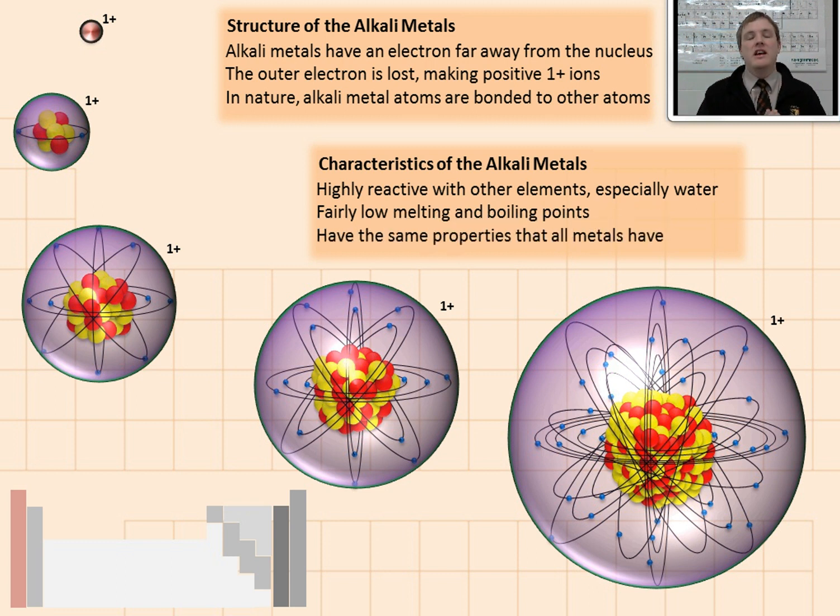And then finally, the alkali metals have the same properties that all metals have. They conduct electricity, they conduct heat, they can easily be pounded into flat sheets or drawn into thin wires. For elements on the periodic table, however, the alkali metals having that one electron on the outside to give it some extra volume, the alkali metals aren't as dense as other metals on the periodic table are.